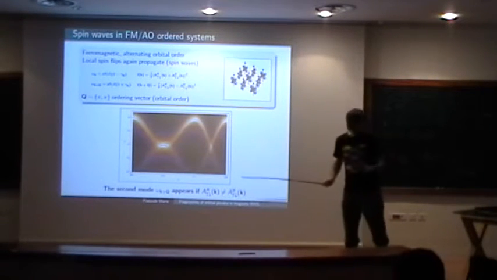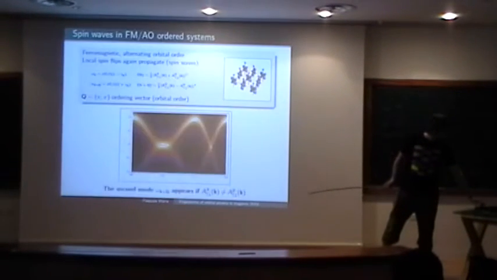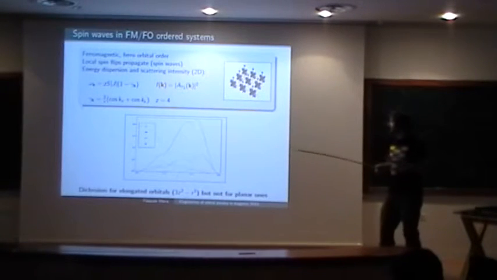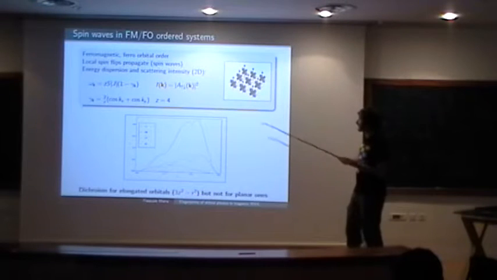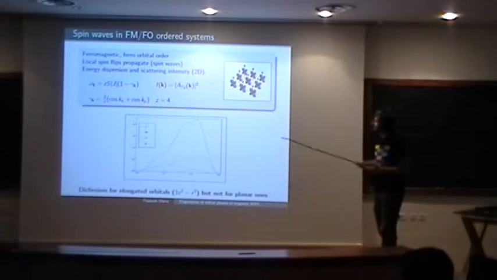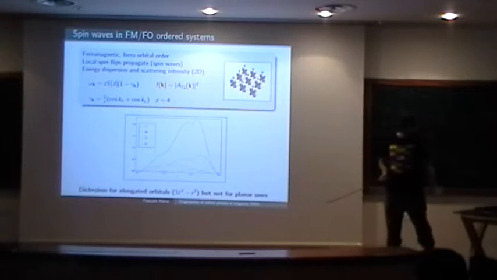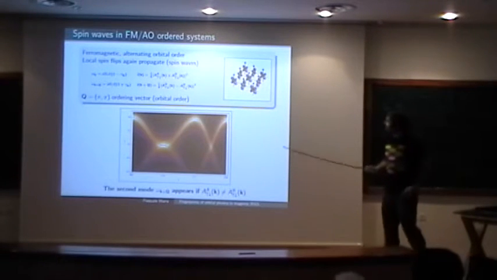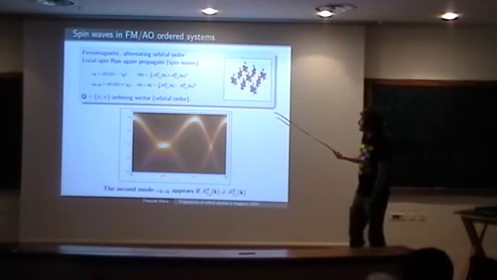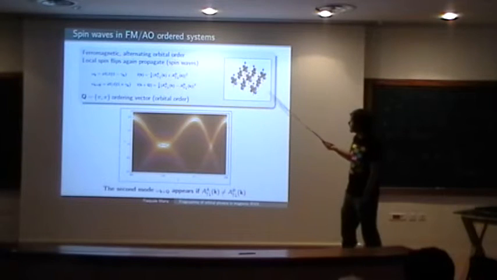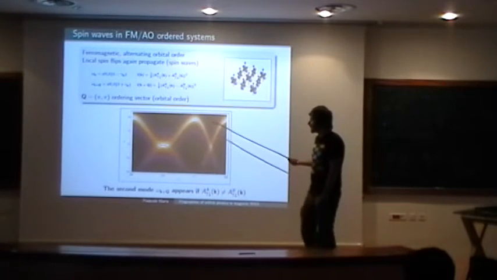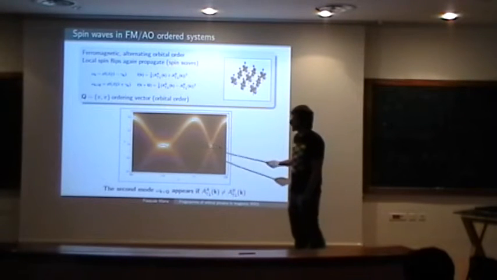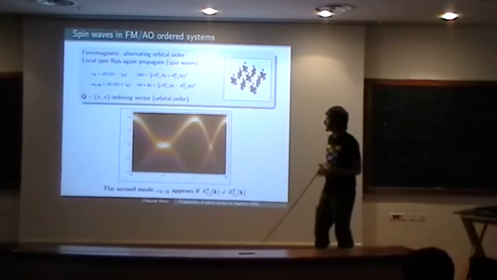Maybe the first case violates the Moore rule, but it's still possible to have some materials with this order, and there are materials that show this orbital order. So in principle, one can try to measure this with the RIXS process.